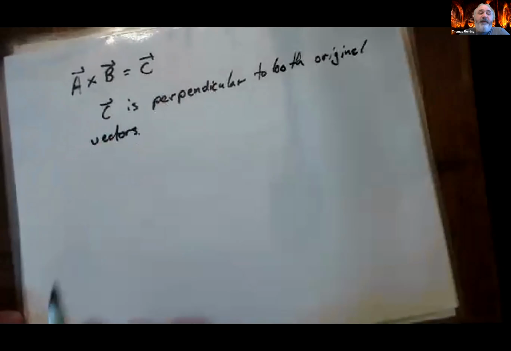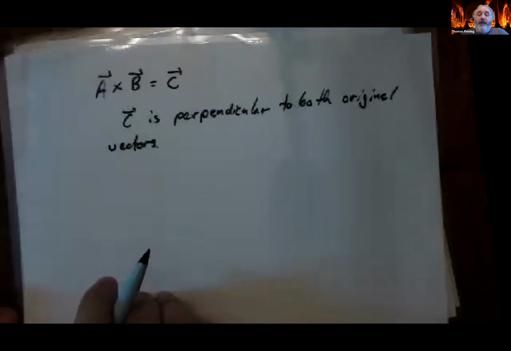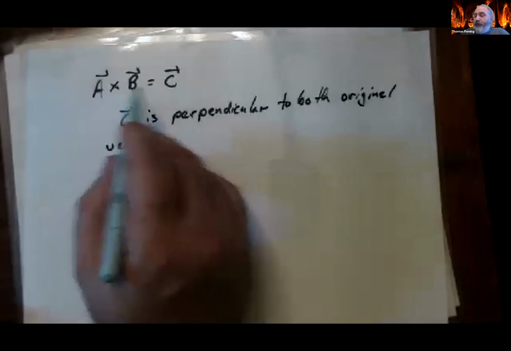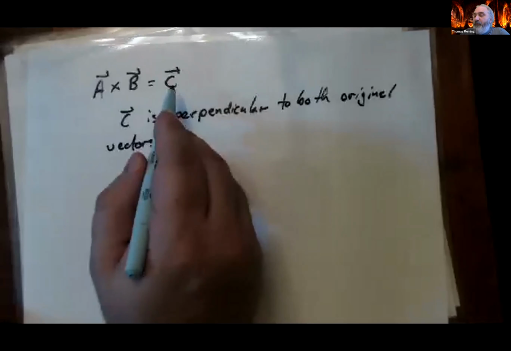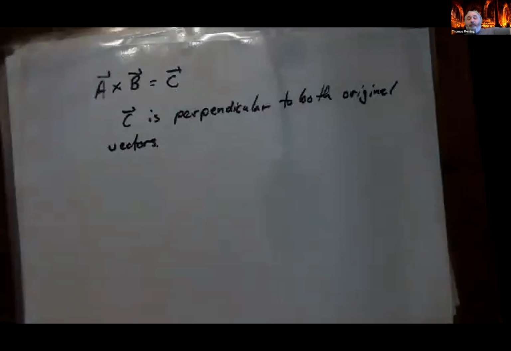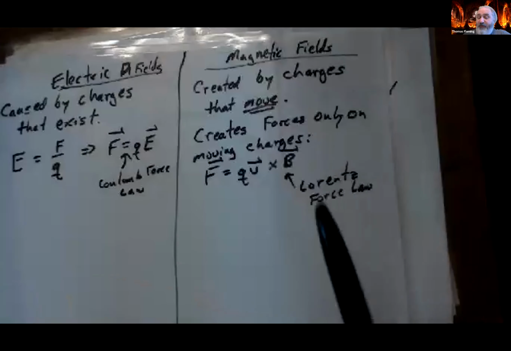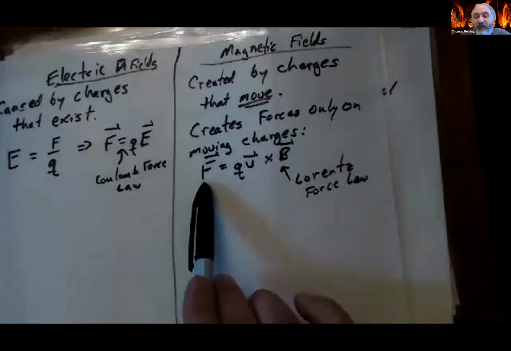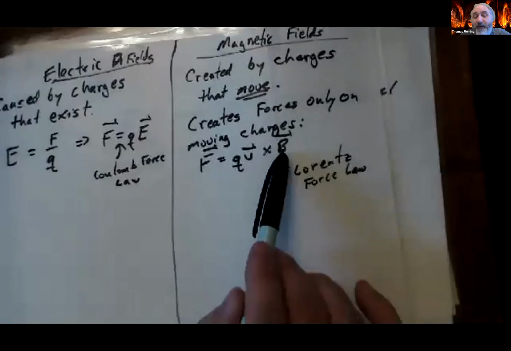That's true of cross products in general. Anytime you multiply two vectors together to get a third vector, that third vector is perpendicular to both A and B at the same time. Now, in our specific case today, that means that the force that we're going to generate is going to be perpendicular to the magnetic field.